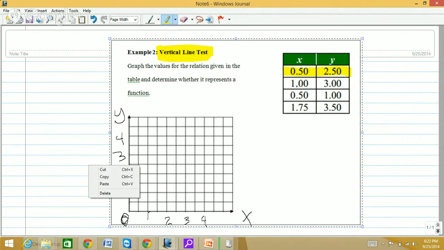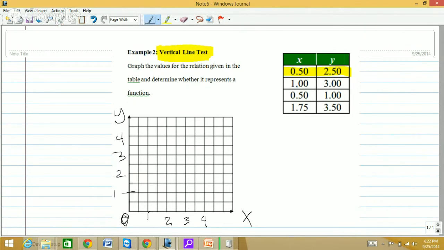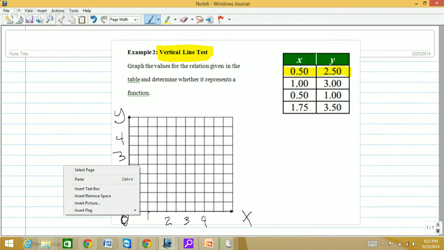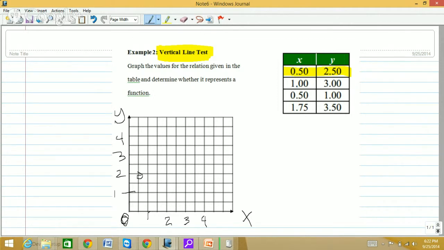Oops, I forgot to change back over to my pen. I'm going to put a dot. Oops, 2.5. Okay, I'm having a hard time coloring with this pen, but there's my dot. Okay, the next ordered pair that I'm going to do is the next one here, which is 1, 3. So I'm going to go over 1 and up 3, and I'm going to put a dot.